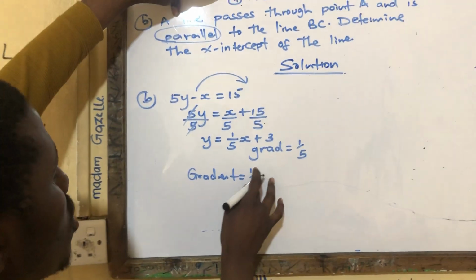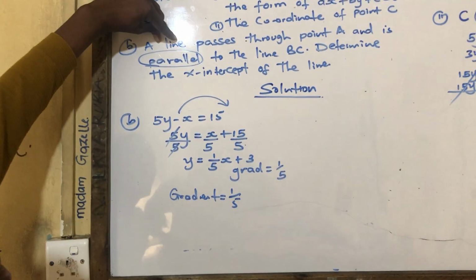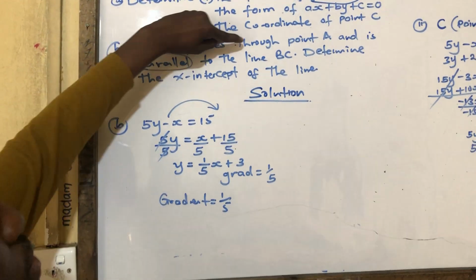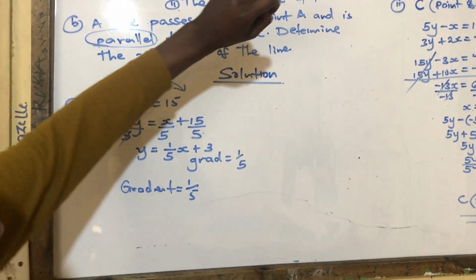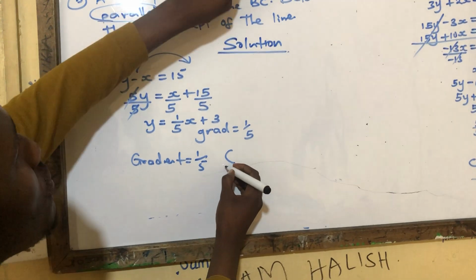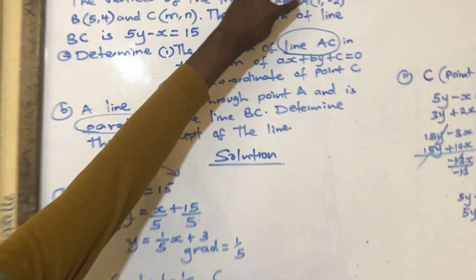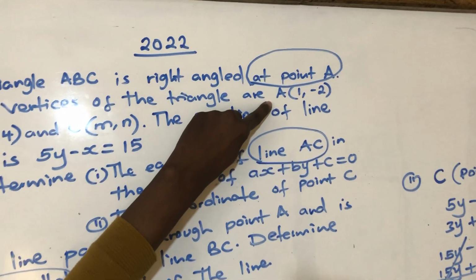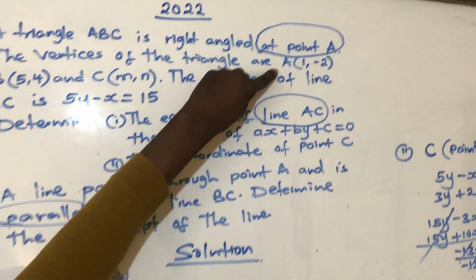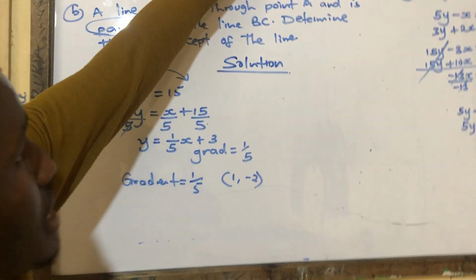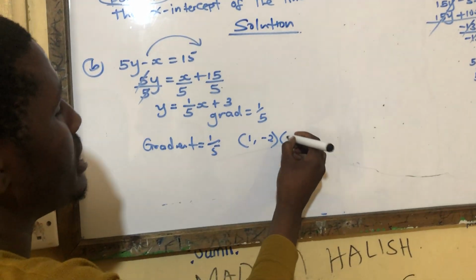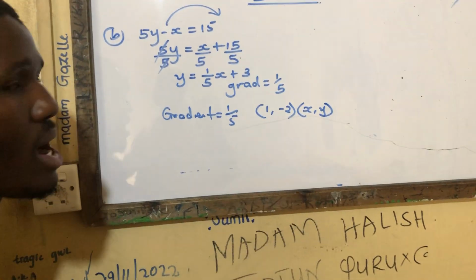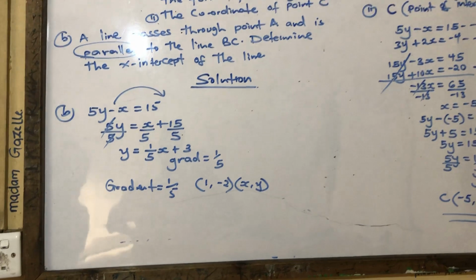We were also told somewhere that this line passes through point A. What is the coordinate of point A? The coordinate of point A is 1, negative 2.